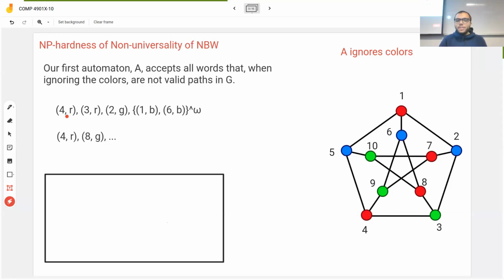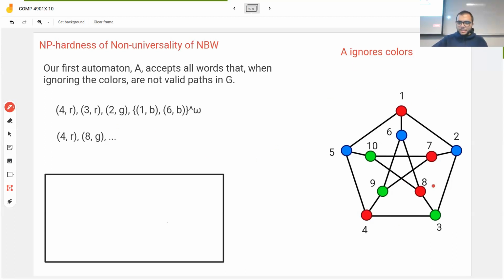So my first automaton, A, is an automaton that ignores colors completely and just accepts any sequence of vertices that is not a valid path in G. Okay? So generally, I want to create automata that accept non-desirable paths. So the first thing I do is say, if you give me something that is not a path, I will accept it always. And that's the role of automaton A.